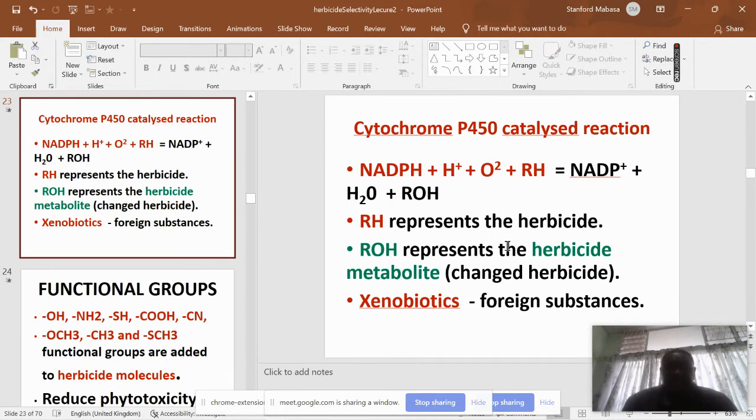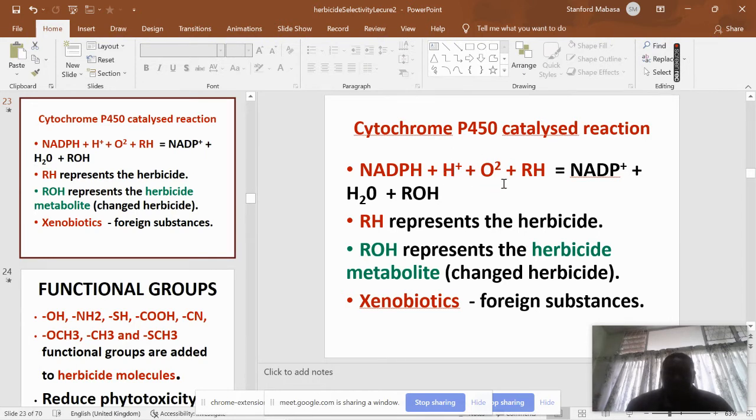So this is an example of a cytochrome P450 catalyzed reaction. Actually, the role of cytochrome is to speed up these reactions without itself participating in this reaction. So we've got number one, NADPH. It's required. Hydrogen ions are required.